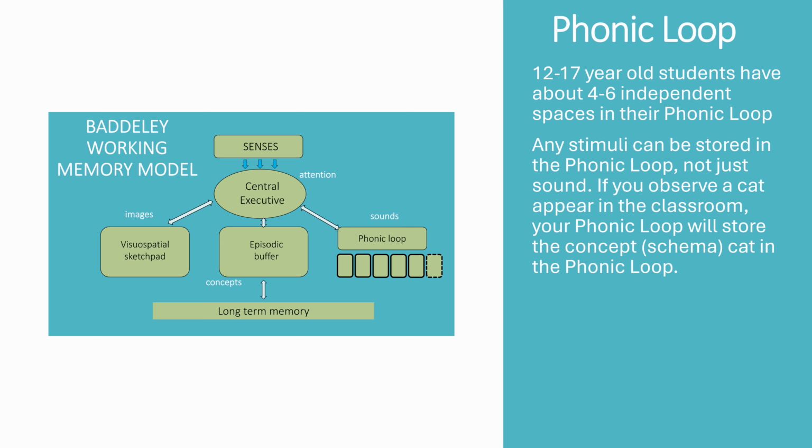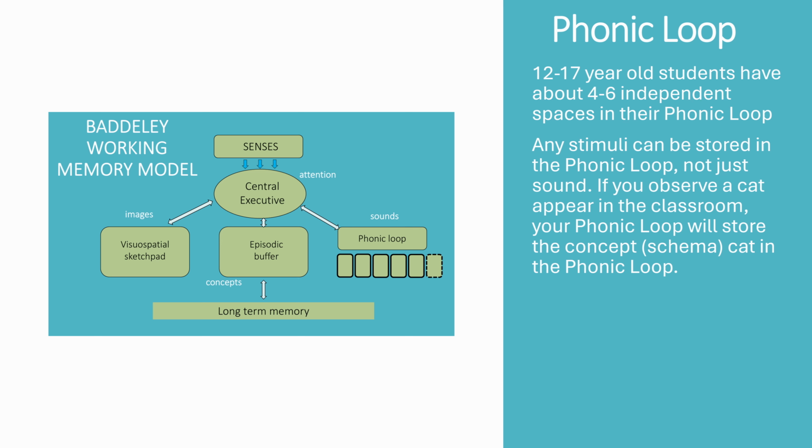So actually, here's how it works. If I observe a cat going through the room, then what my mind sees is a cat, but it actually goes into a sonic buffer, picks up the long-term memory and picks up that phonic cat, that word, and that's stored in the phonic loop, right? So anything that we see that stimulates, that if we're noticing in our room, can fill up a space in the phonic loop.